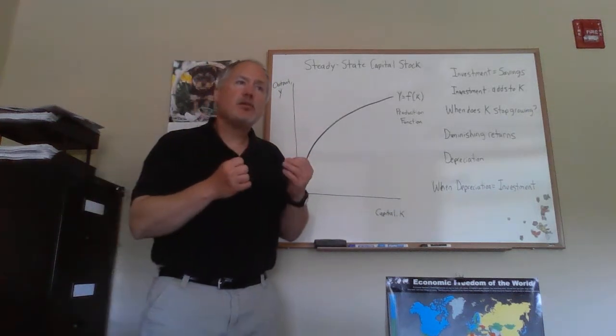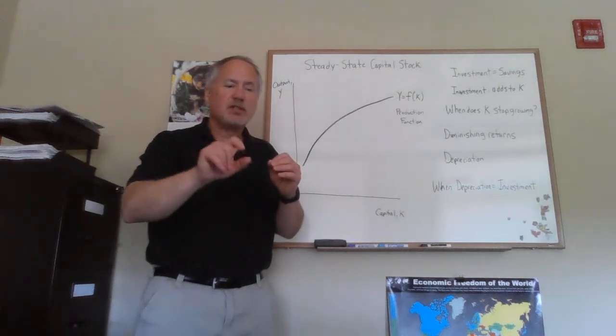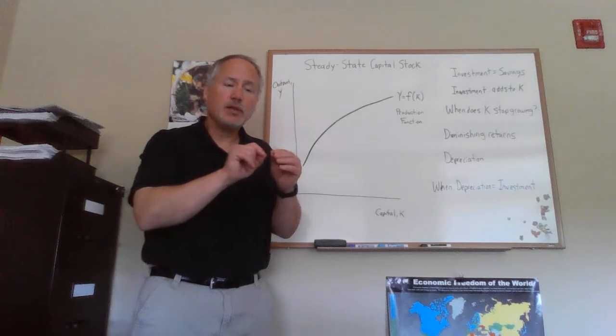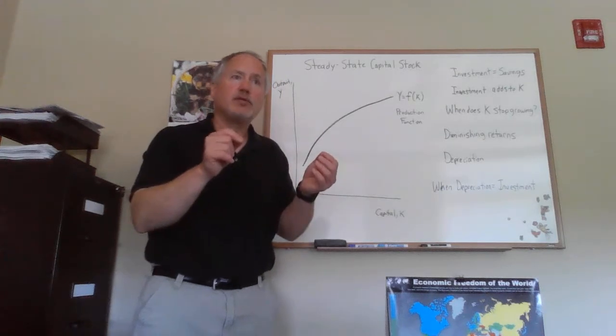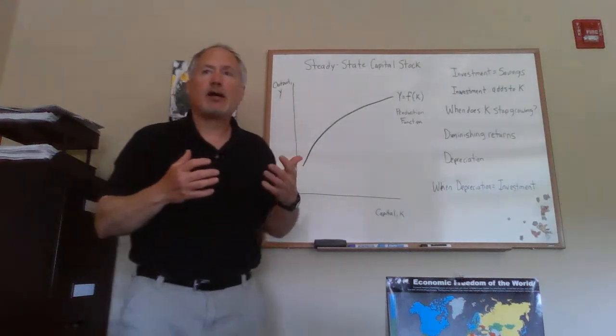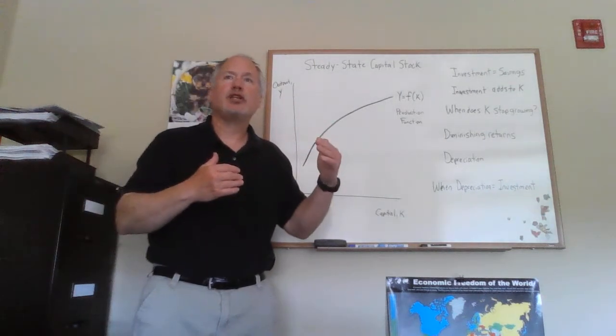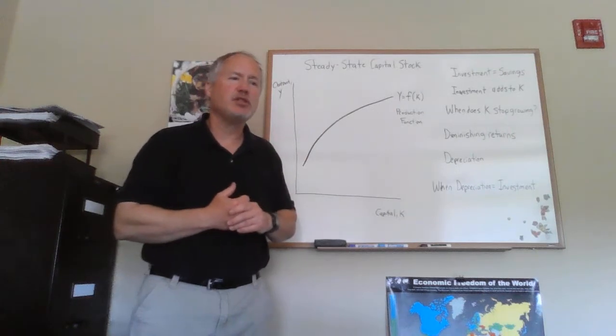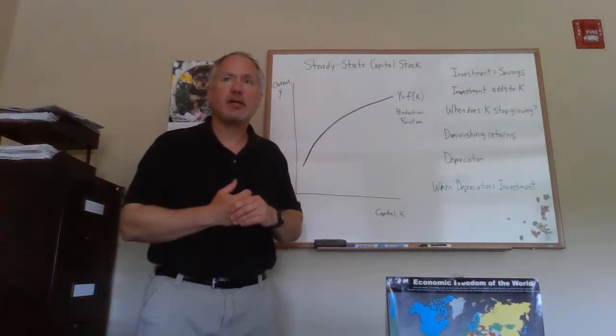And if you assume that a fixed percentage of the existing capital stock is going to wear out every period, when you have a bigger capital stock, you have more depreciation. So the way to think about this is, suppose 10% of the machines wear out every period.